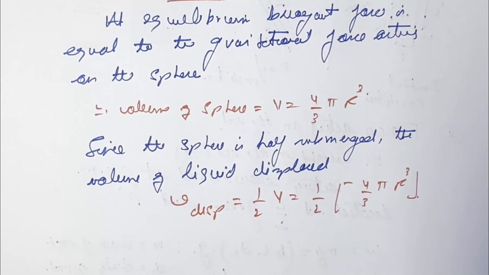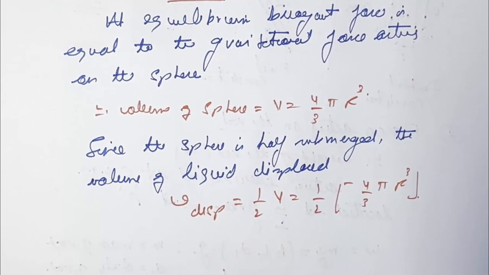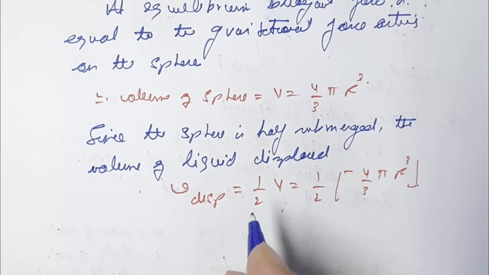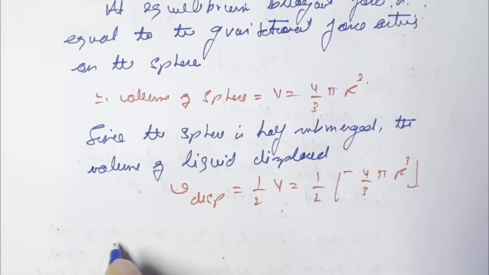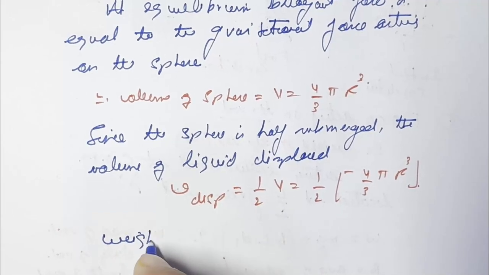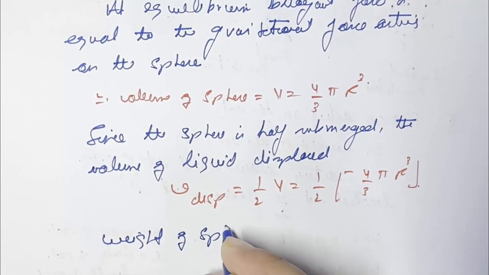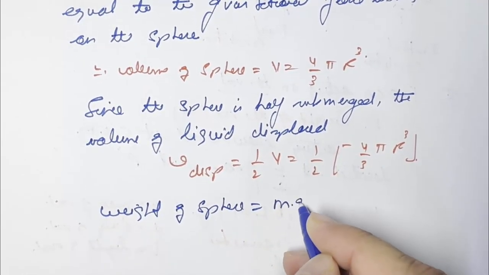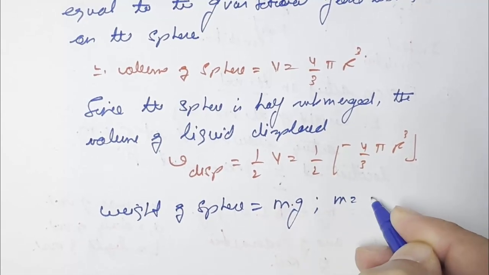And the gravitational force is nothing but the weight of the sphere. So therefore we can say that the weight of the sphere will be equal to mg, where m is the mass of the sphere.